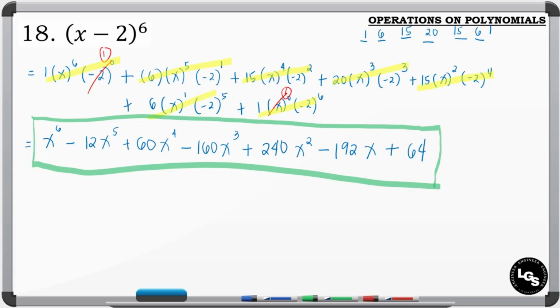If you notice the signs, if we have a positive first term and a negative second term, the signs of the final answer will alternate, positive, negative. So we have here positive 6, negative 12, positive 60, negative 160, positive 240, negative 192, and positive 64.